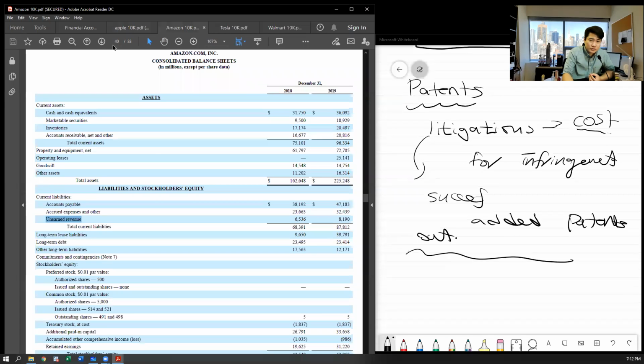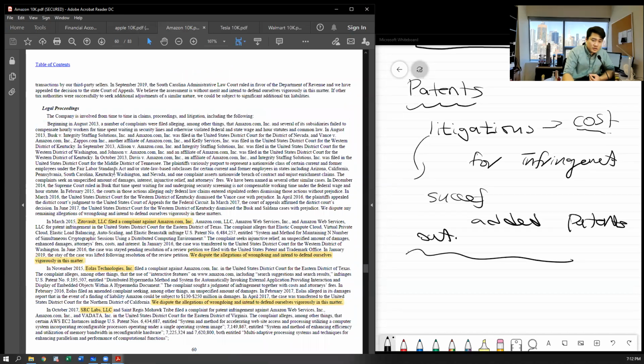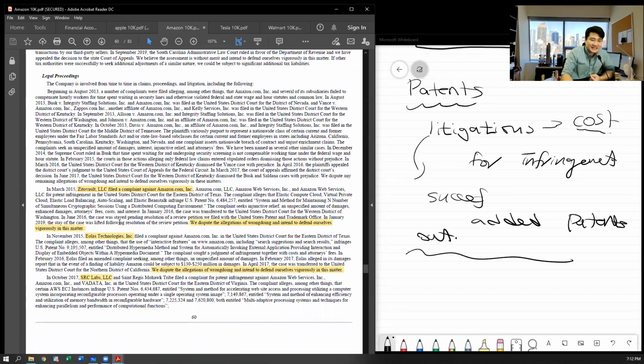Let me go to Amazon. So let's see what Amazon talks about with respect to contingencies. For Amazon, there are a lot of legal proceedings and litigations. So this company, LLC, sued Amazon in 2015. Amazon disputes the allegation of the wrongdoing and intends to defend itself vigorously in this matter.